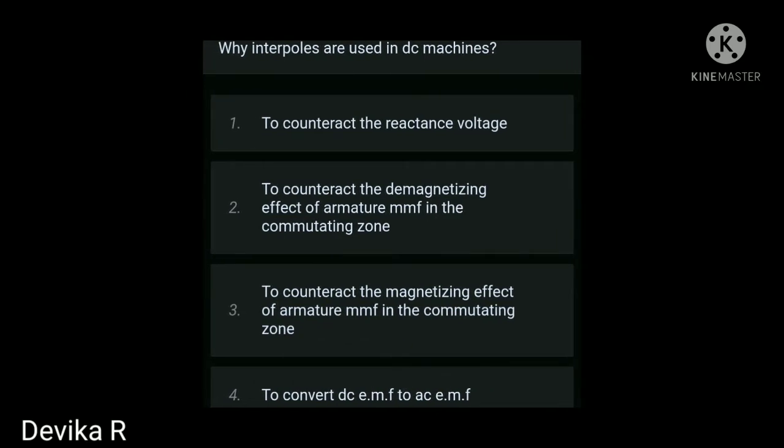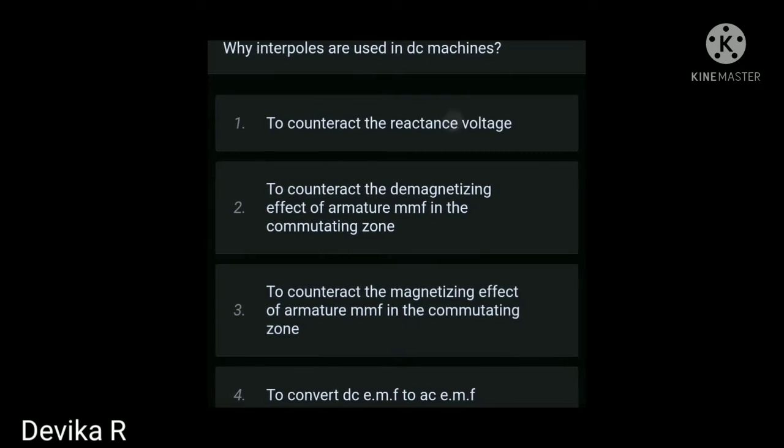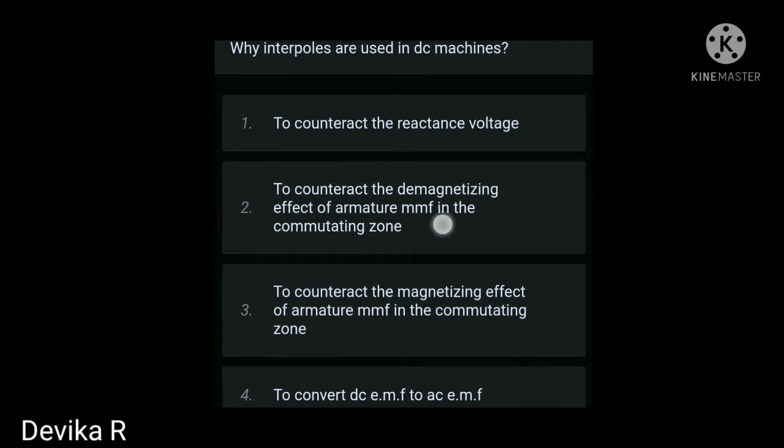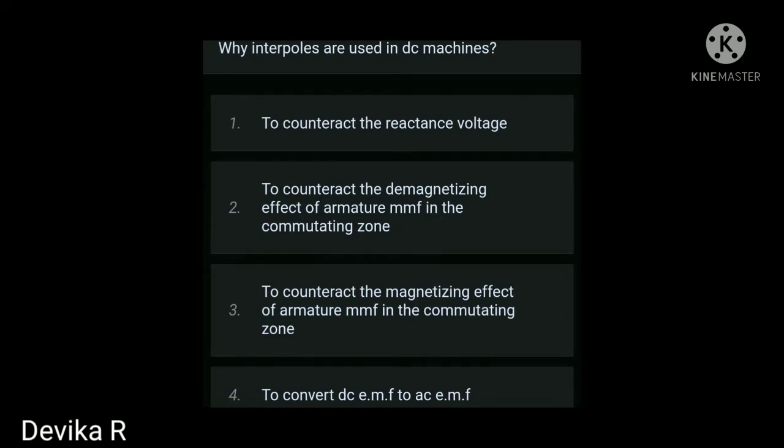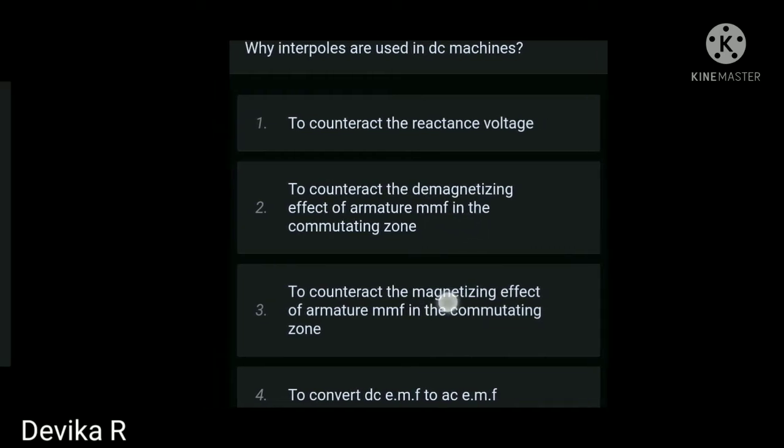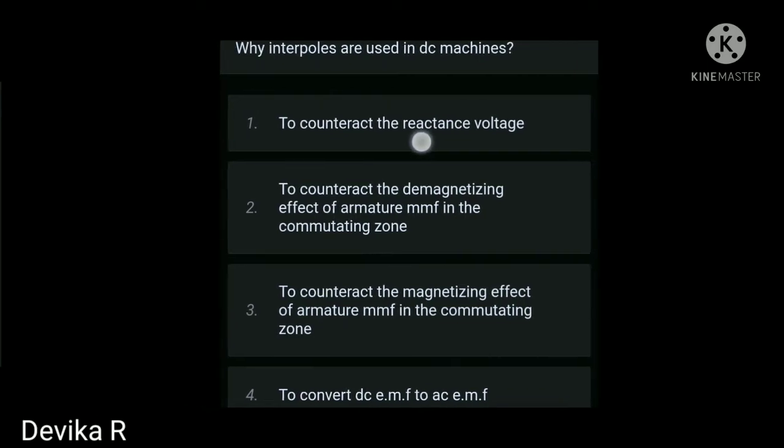We get confused between these options. The right one is also used for the armature reaction process. But what is armature reaction? It is the cross magnetizing effect. The interpoles are used to reduce the cross magnetizing effect, not demagnetizing, not magnetizing. So the correct option is to counteract the reactance voltage.